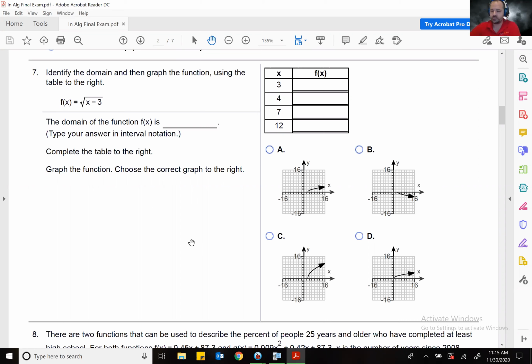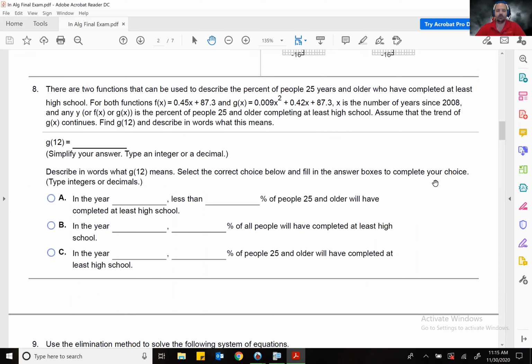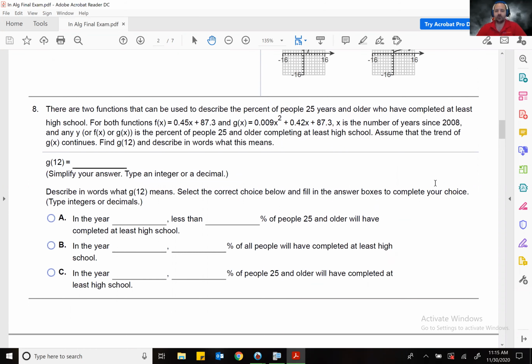Number 8 says that there are 2 functions that can be used to describe the percentage of people 25 years or older who have completed at least high school. One of our functions is f of x equals 0.45x plus 87.3.